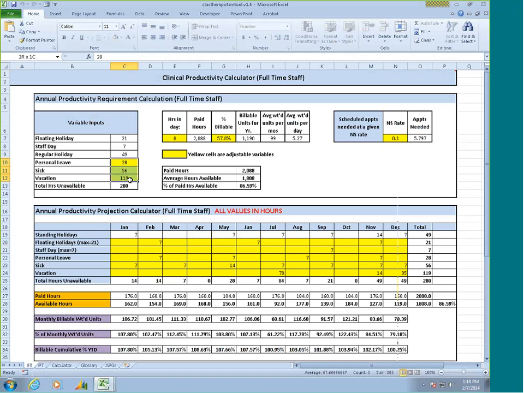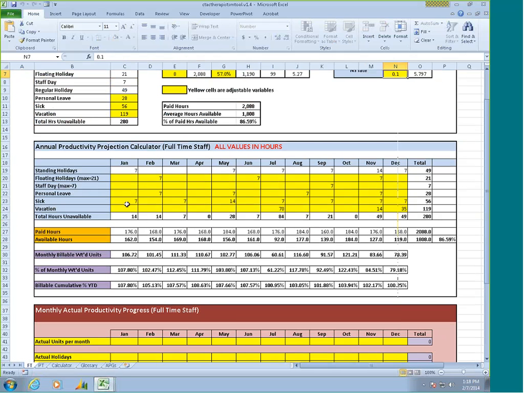You should put your personal leave time in there, what your work day is, what your billable standard is, what your no-show rate is. And like Julie talked about, it's important for staff to understand that sometimes 100% is not really 100%.